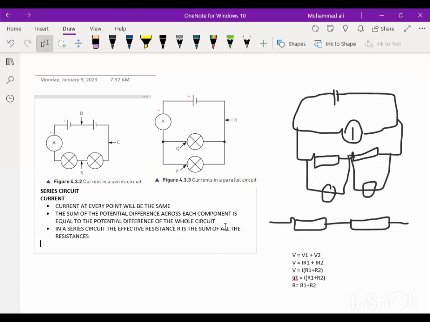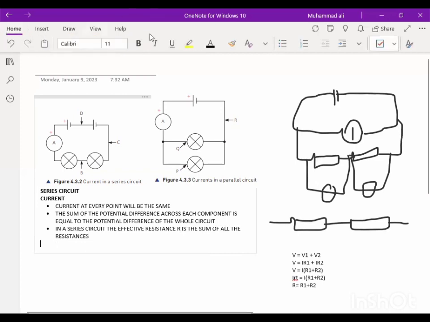So this is it for your series circuits. Right now we have parallel circuits.